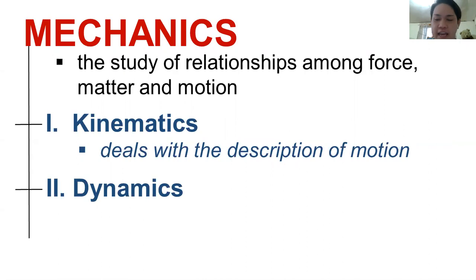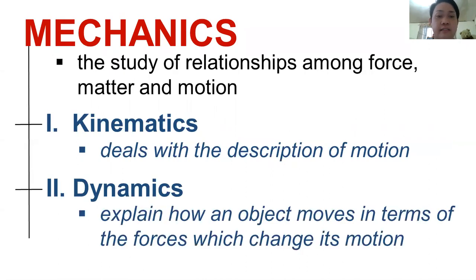On the other hand, dynamics explains how an object moves in terms of the forces which change its motion. So dynamics means the motion of a body under the influence of forces. Meaning to say, it is also the study of how forces affect motion.